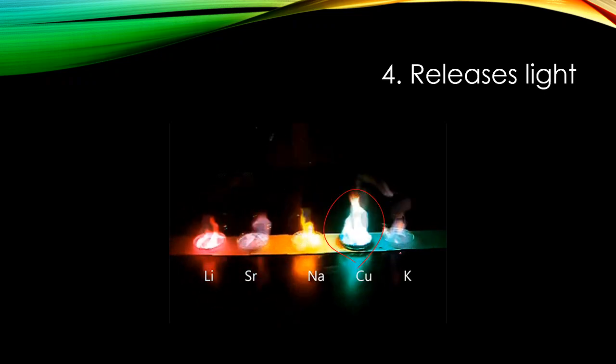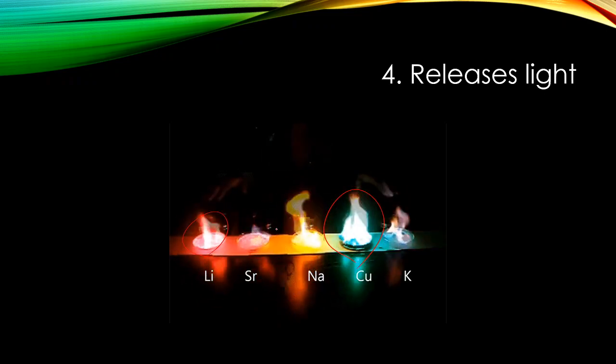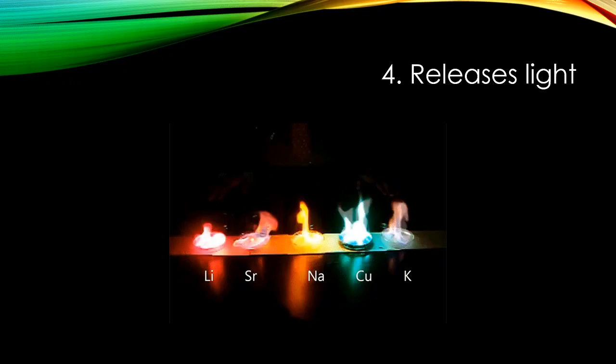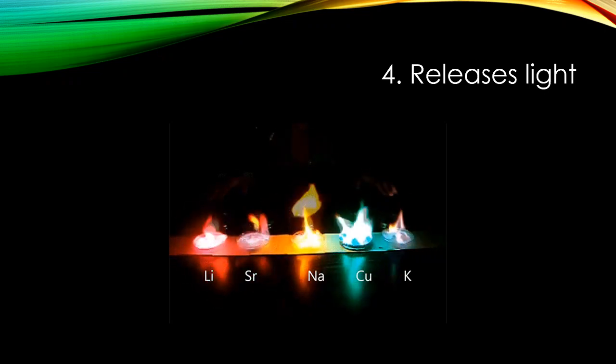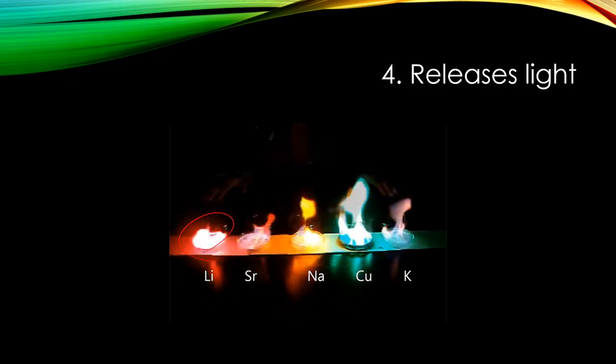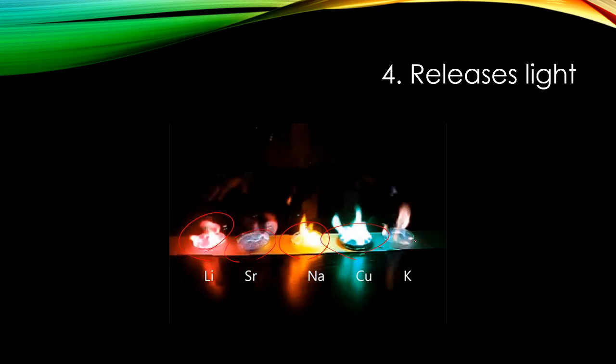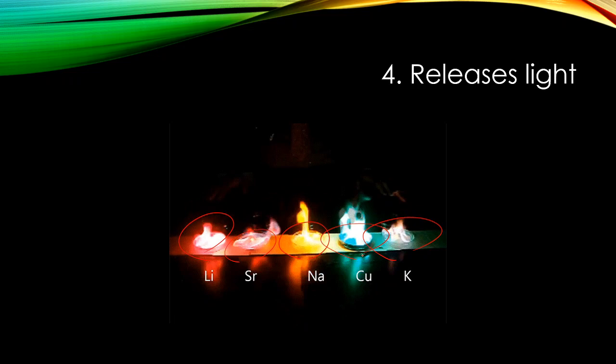You can have green fire, or more red fire, or yellow fire, all different colors. These are all releasing different colors, different wavelengths, as we learned, of light. So in all of these little petri dishes here, you have chemical changes going on because they're releasing light.